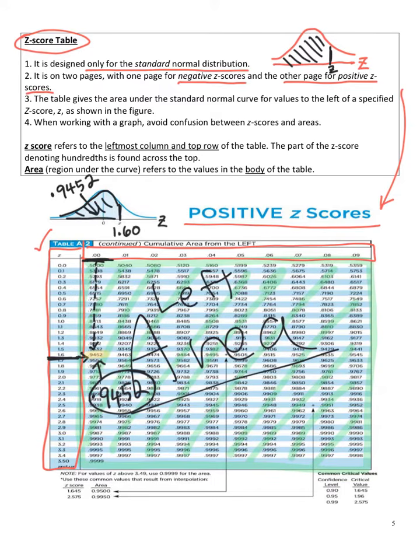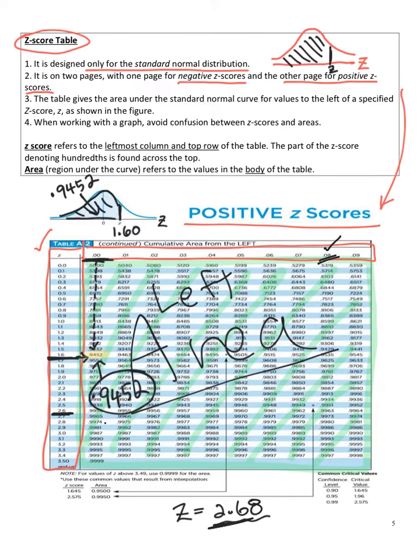Okay, let's do one more really quick. I'm just gonna make up a z-score. Let's say the z-score is 2.68. We want to find the area to the left of 2.68. So first you find 2.6 in the left column, and then from the top row you find 0.08.